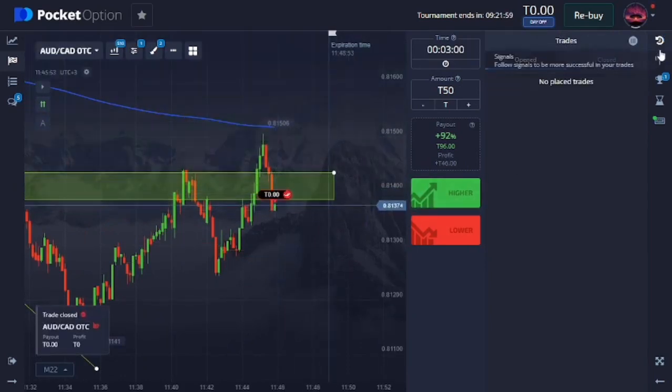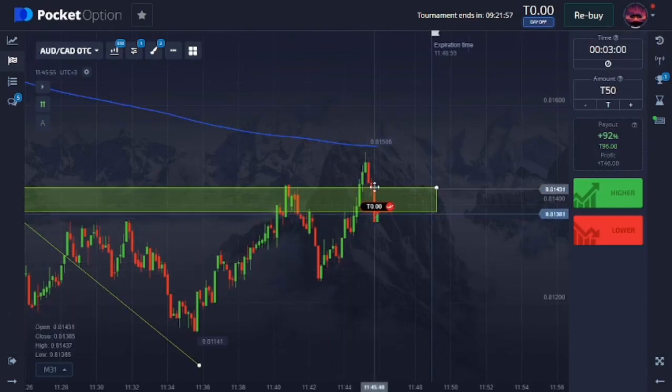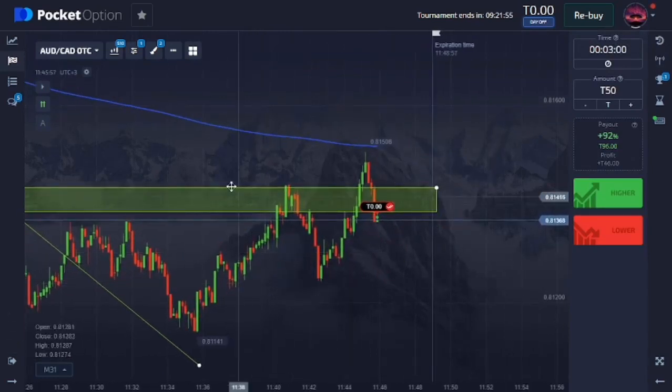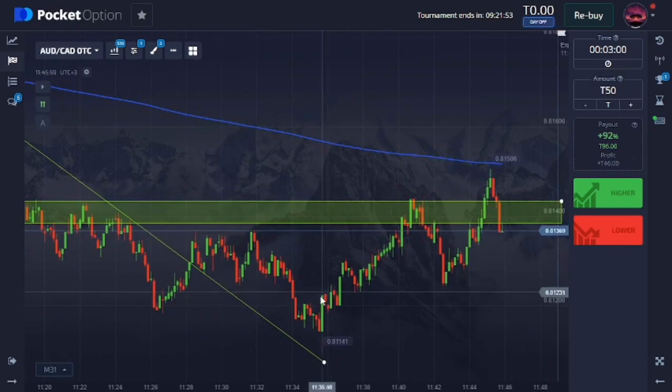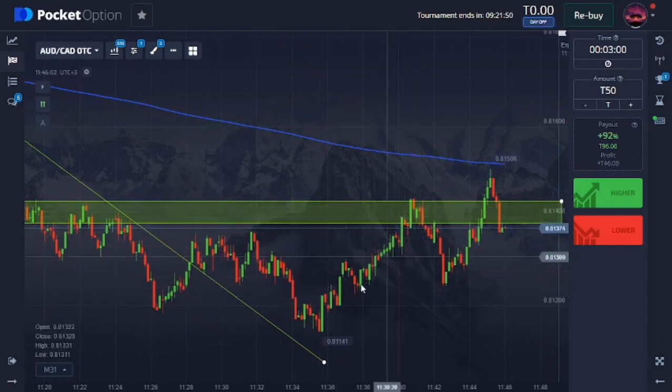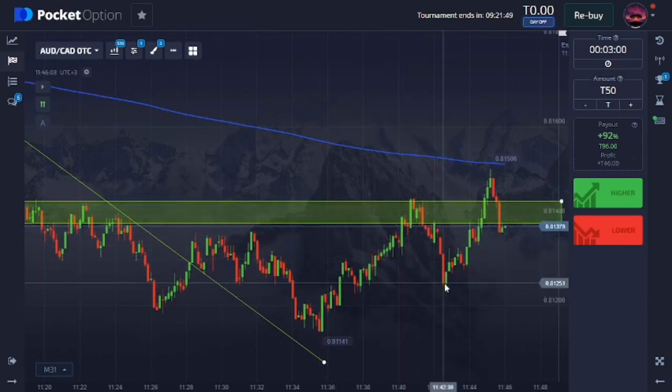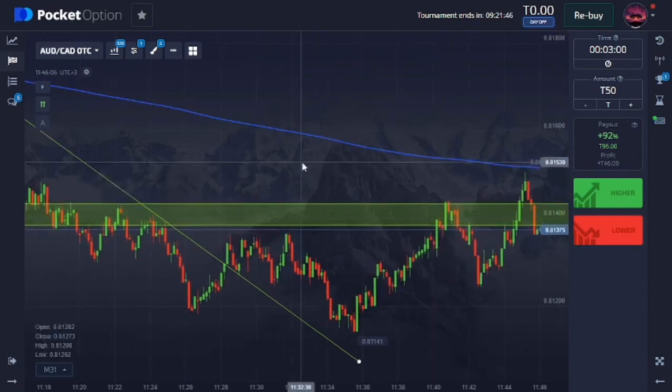So as you have seen, it went in the other direction. I made a mistake because this was a strong signal that a big bullish move had started.